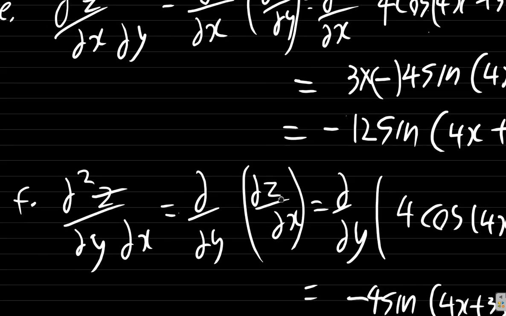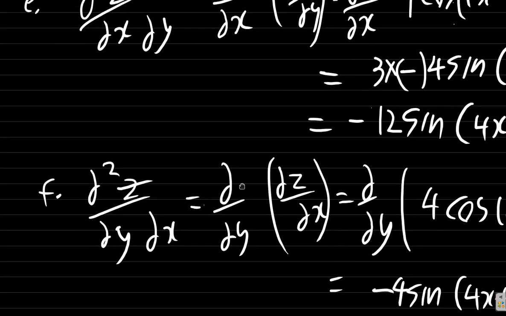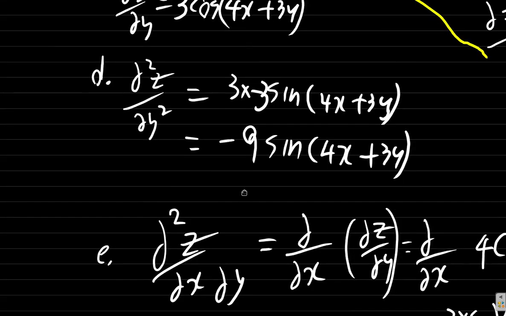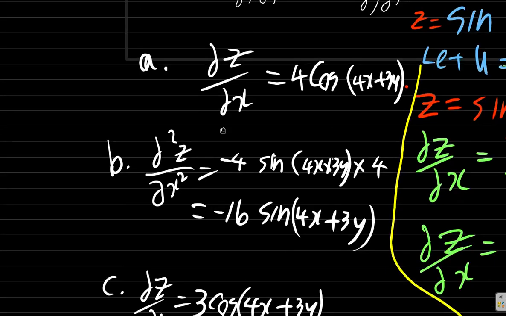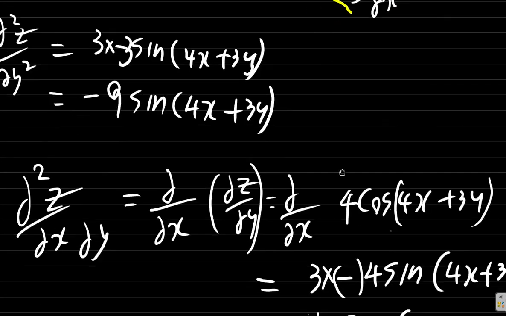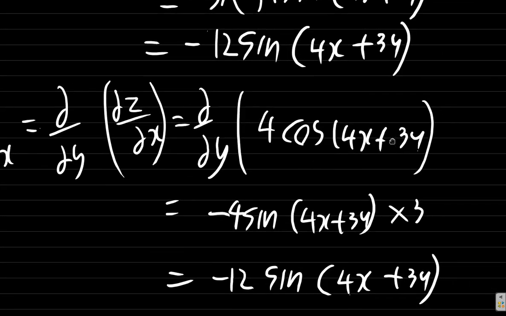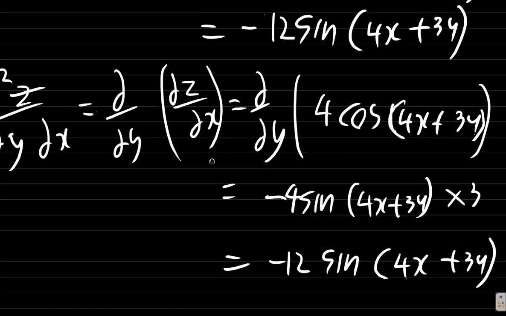And then, of course, del z by del x is 4 cos 4x plus 3y. So we have 4 cos 4x plus 3y. Alright. And when we do this one now, we differentiate it with respect to y.